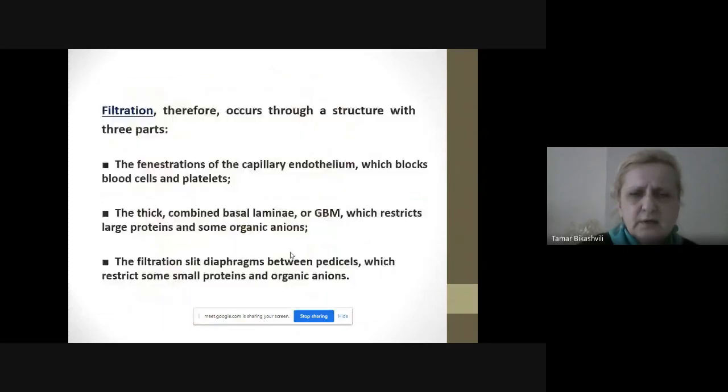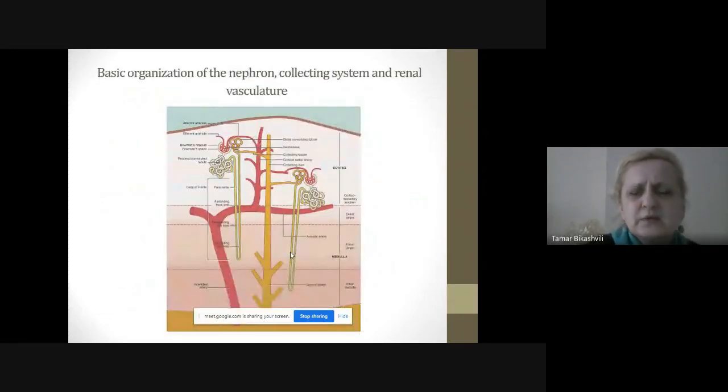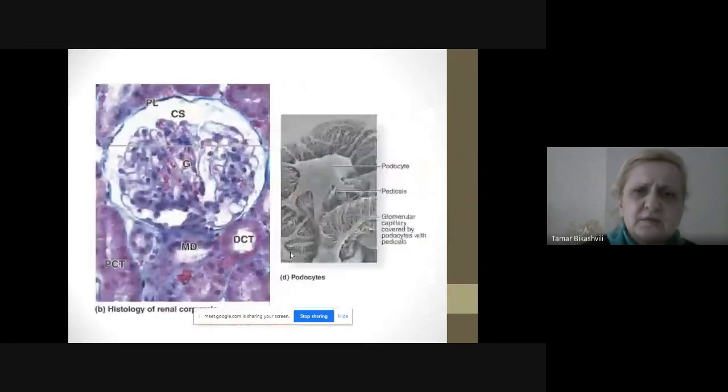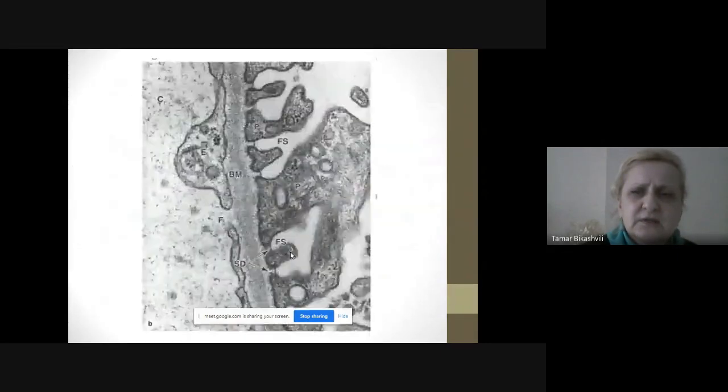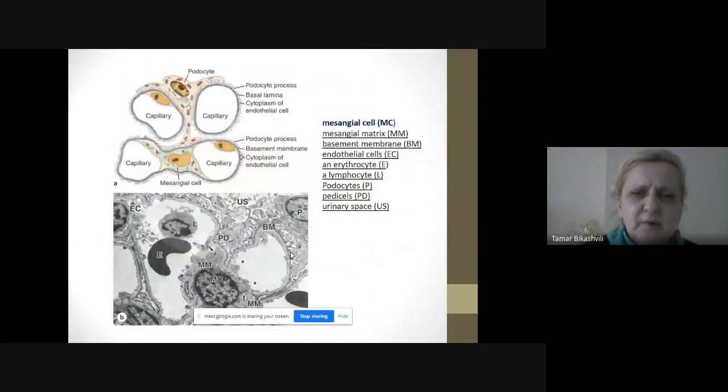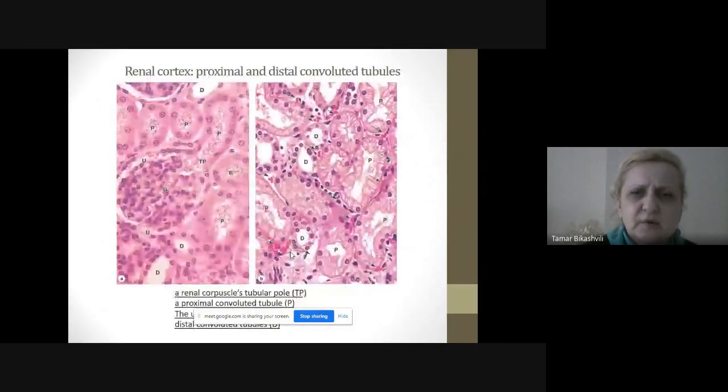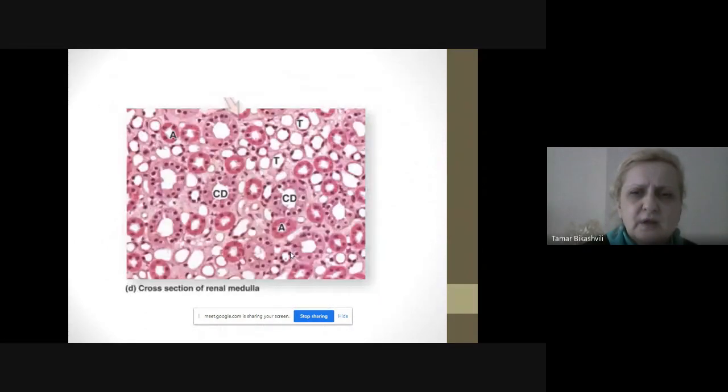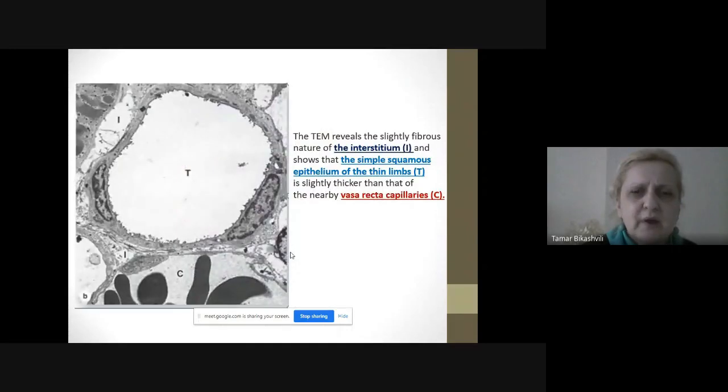Okay, and what I also want to remind you, the last part, is the juxtaglomerular apparatus. Then I'll show micrographs.